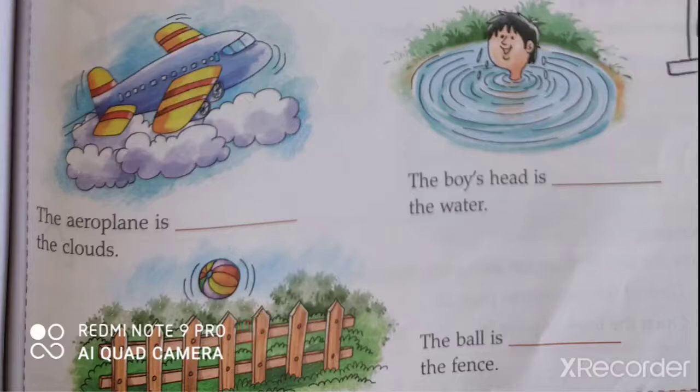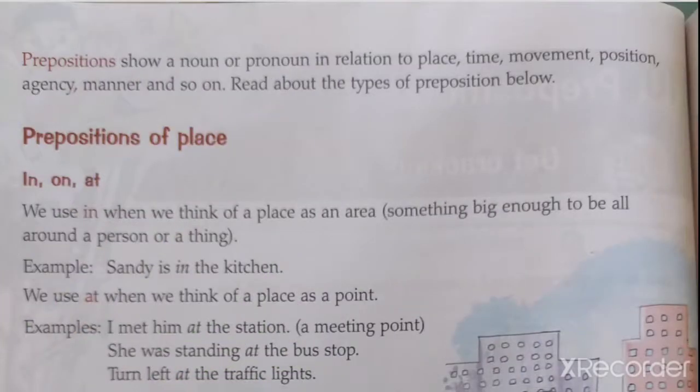So we'll start our chapter. What are prepositions? Now look at here. First of all, we'll see the definition of prepositions. Prepositions show a noun or pronoun in relation to place, time, movement, position, agency, manner, and so on.